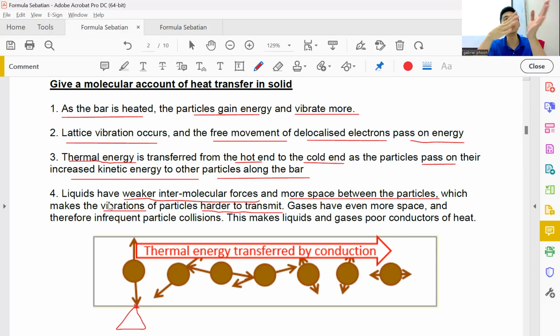We learned that liquids generally have a high specific heat capacity, very hard to heat up and very hard to cool down, simply because the molecules are very far apart. Even if I vibrate, I have to vibrate them a lot before I start vibrating other molecules, right? And obviously, gases have even more space and therefore have infrequent collisions. This makes liquids and gases poor conductors of heat.